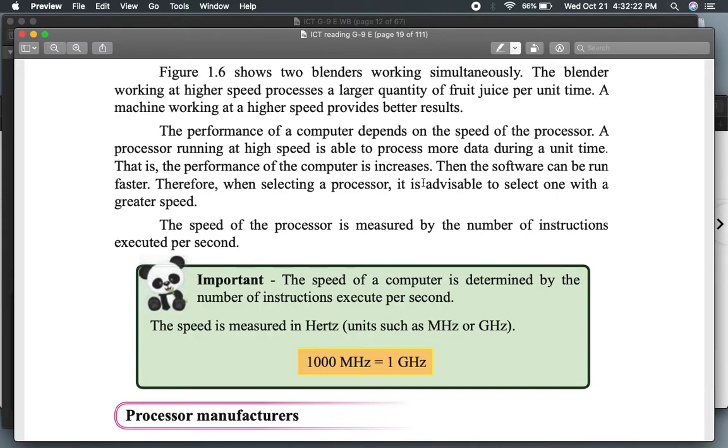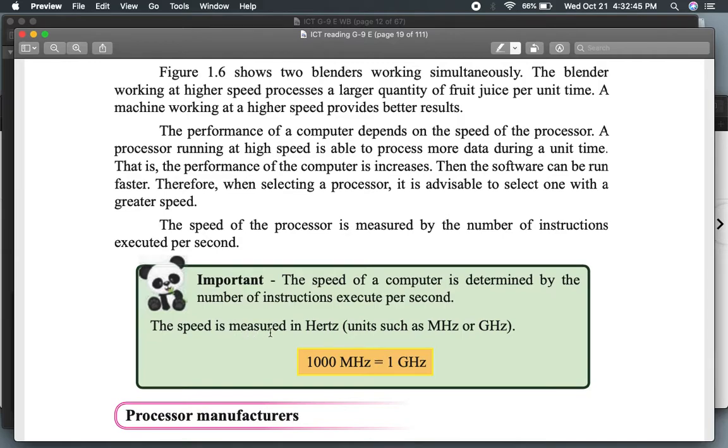Therefore, when selecting a processor, it is advisable to select one with a greater speed. The speed of the processor is measured by the number of instructions executed per second.